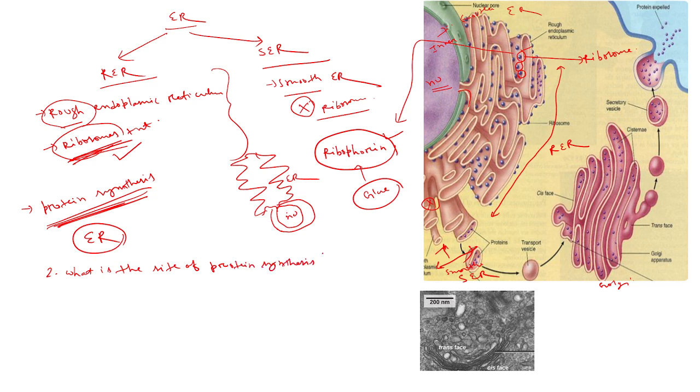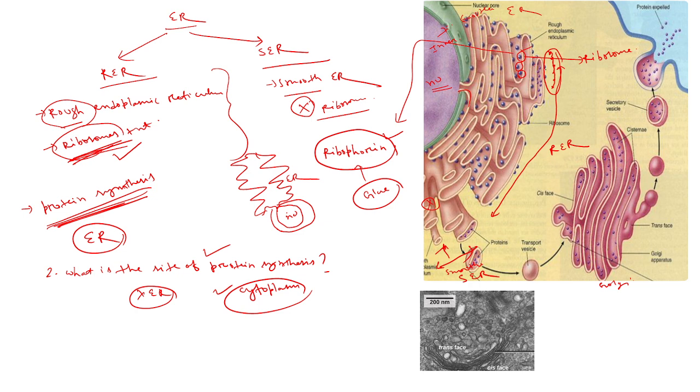That means where the protein synthesis occurs. The answer will not be endoplasmic reticulum. The answer will be the cytoplasm. The rough endoplasmic reticulum helps in protein synthesis, but the protein is synthesized exactly in the cytoplasm.